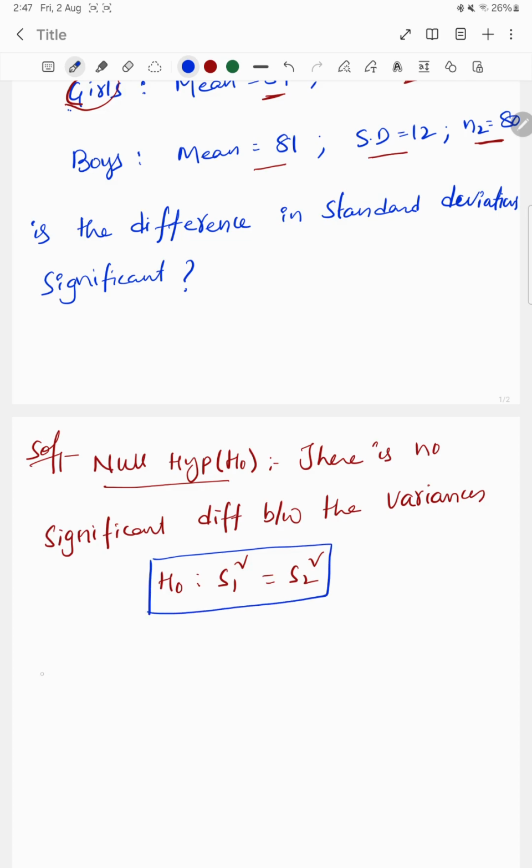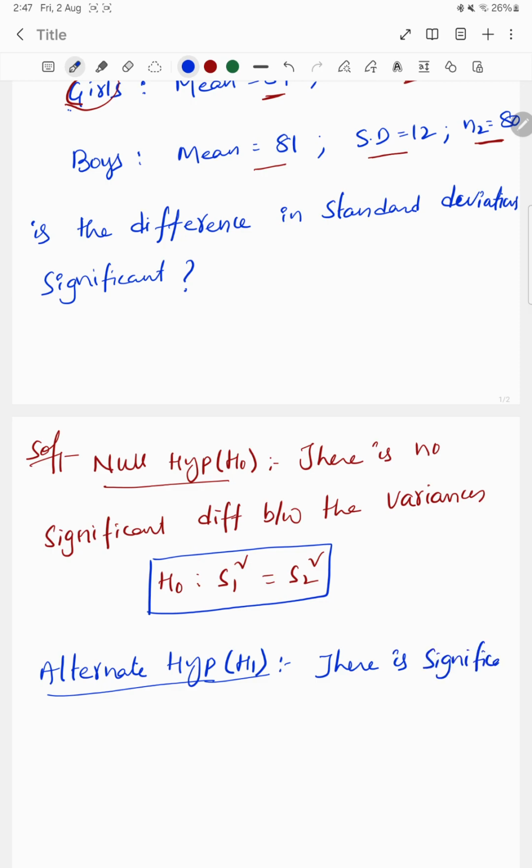Coming to the second step, the alternate hypothesis, H1. We have to take the opposite, so there is a significant difference between the variances.